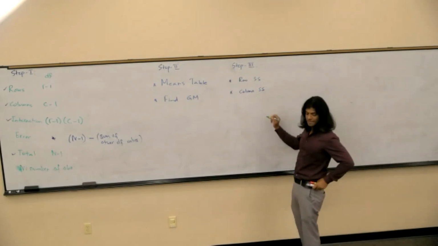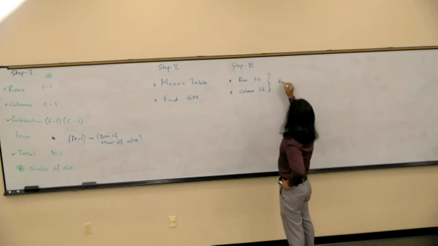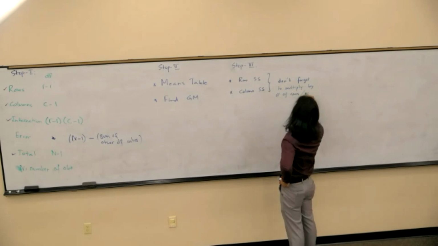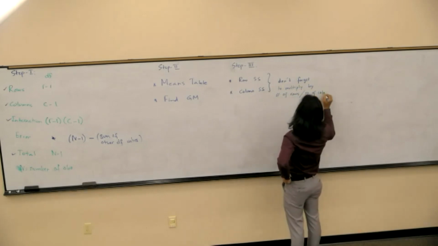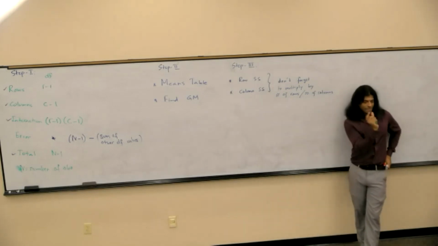You are using the calculator, but don't forget to multiply by number of rows, number of columns for the appropriate case. Otherwise, you're only getting part of the answer.